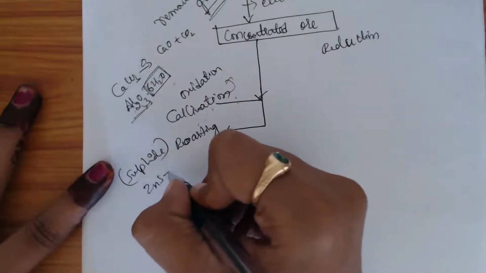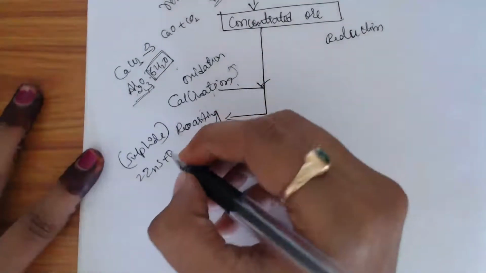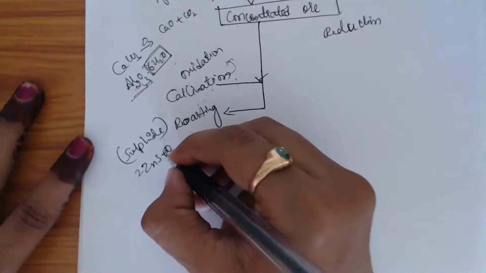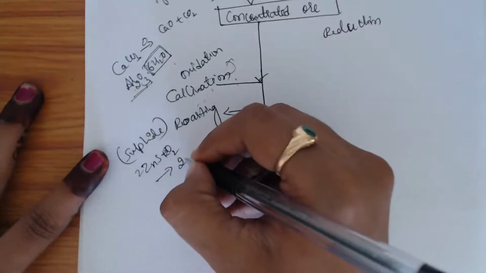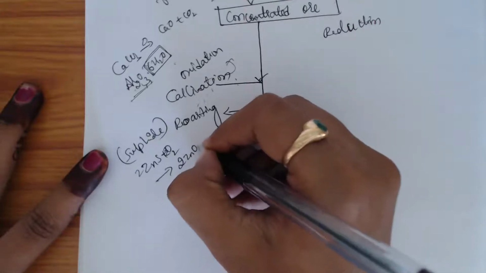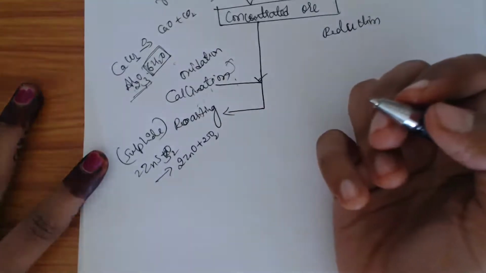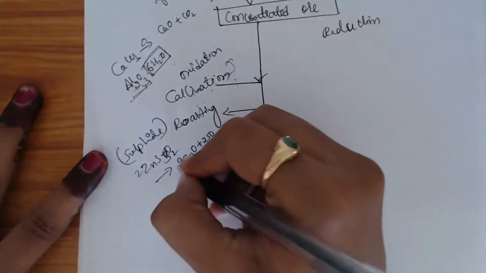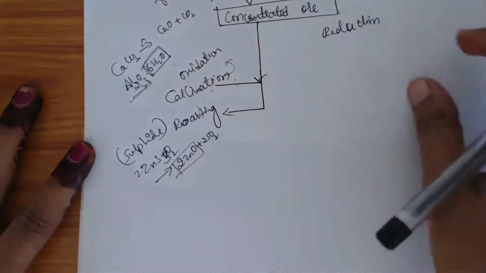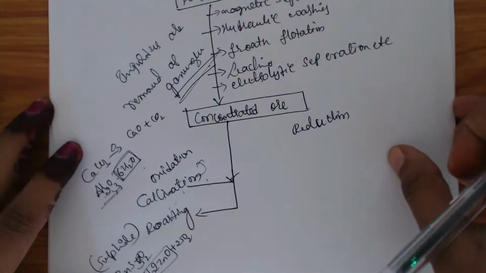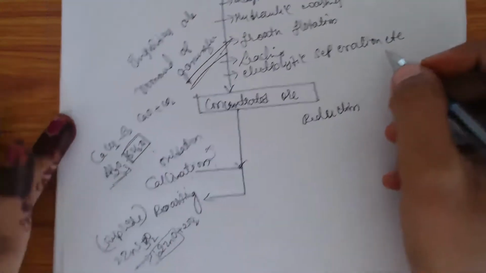For example, ZnS in presence of O2, if it is roasted, gives 2ZnO plus 2SO2. So sulfide ores upon roasting change to what? Oxide ores.